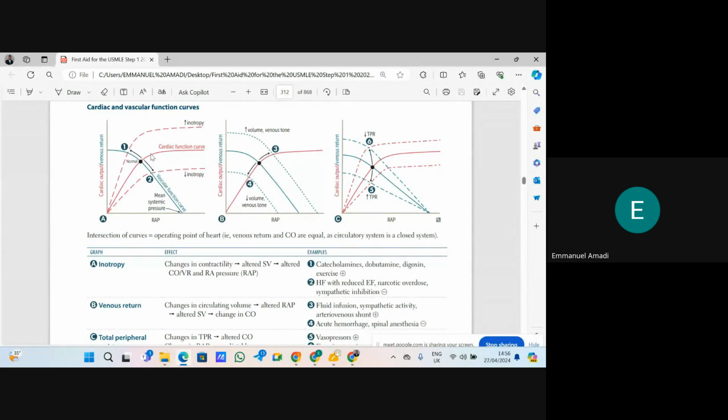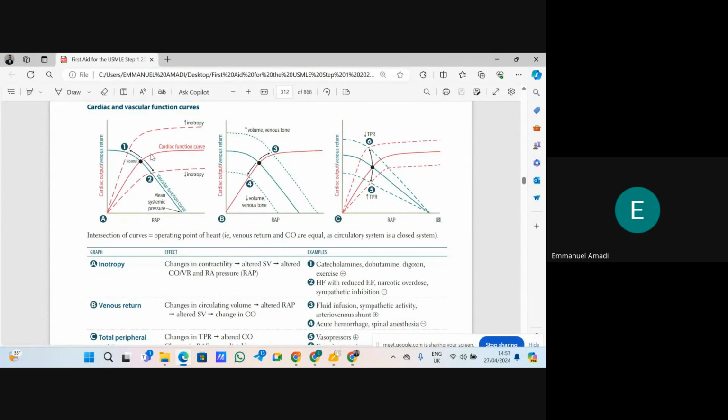Now go back to that Starling curve and look at it. It is the same thing. What it simply means is that you have the same end diastolic volume, but cardiac output is decreasing or cardiac output is going up. What is going to be controlling that will definitely be contractility.